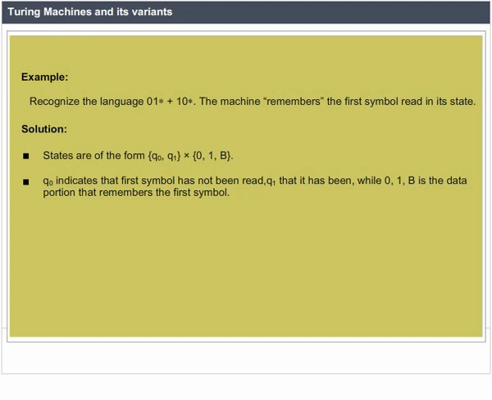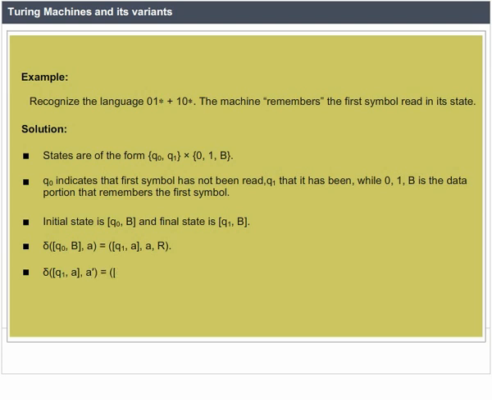Initial state is [q0, B] and the final state is [q1, B]. δ([q0, B], a) = ([q1, a], a, R); δ([q1, a'], a'') = ([q1, a'], a'', R), where a' ≠ a''; and δ([q1, B], B) = ([q1, B], B, R).